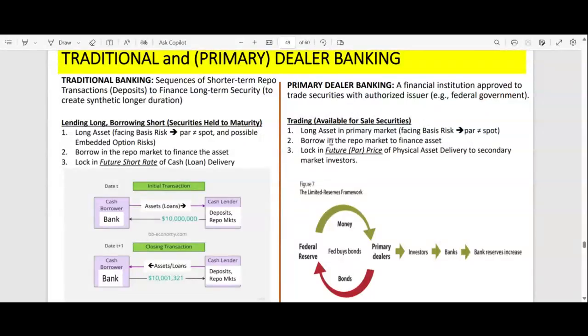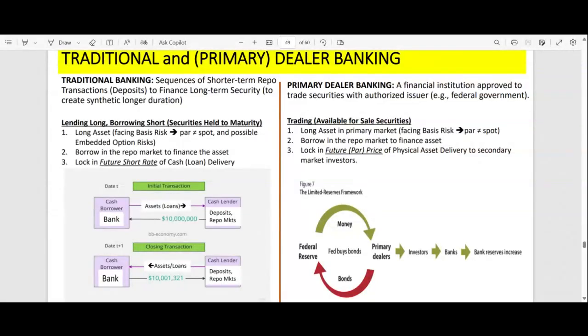Then the primary dealer, Bank of America or whatever, borrows in the repo market to finance the asset and locks in that price. Then they call up a bunch of secondary market investors, including the Federal Reserve, and deliver those Treasuries at the locked-in price to secondary market investors. And the Fed cannot buy directly from the Treasury because that would be monetizing the deficit.